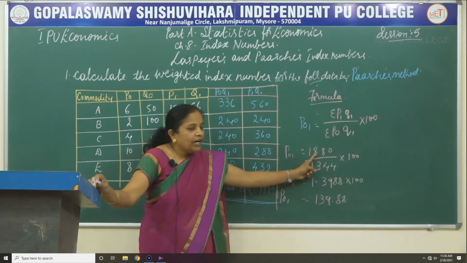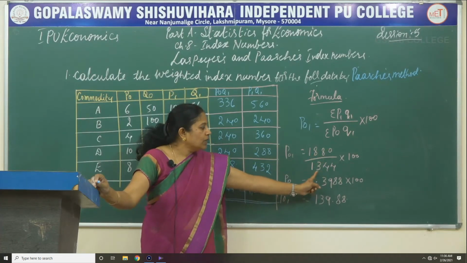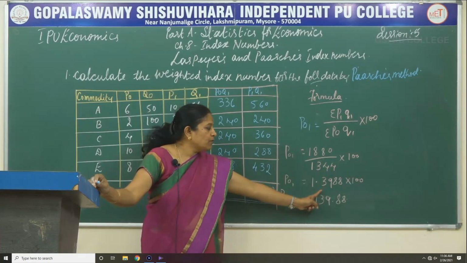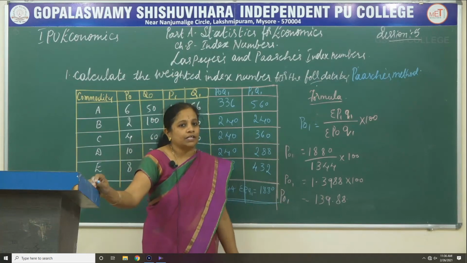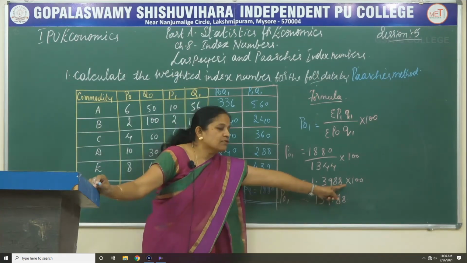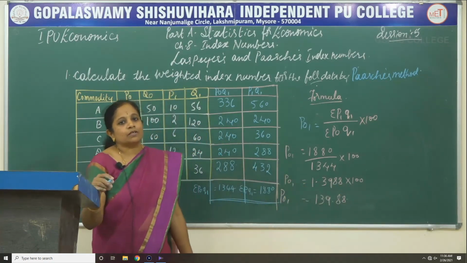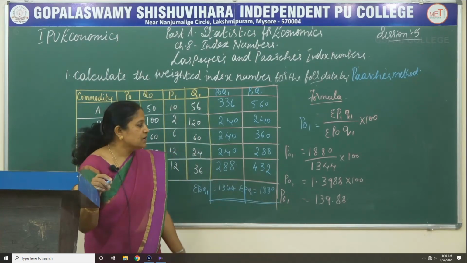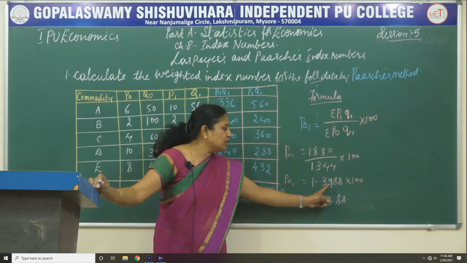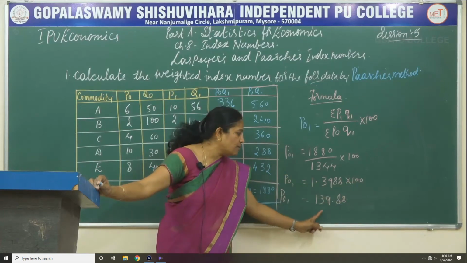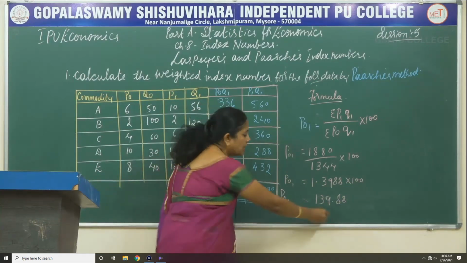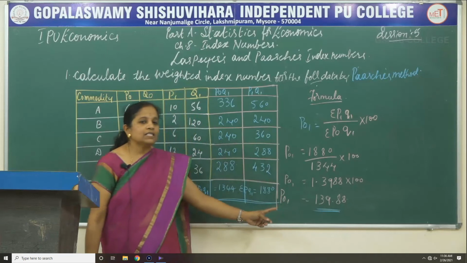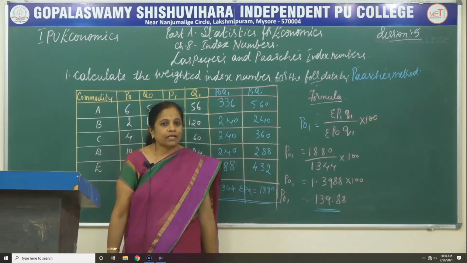By dividing 1880 by 1344 we obtain 1.3988. So we multiply this with 100 because the index numbers are expressed in percentages. So when we multiply 1.3988 into 100 we obtain 139.88.